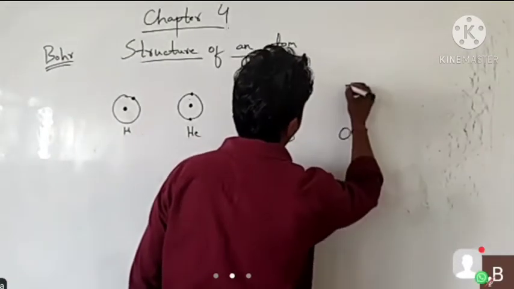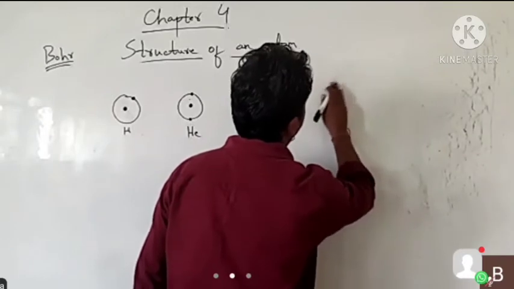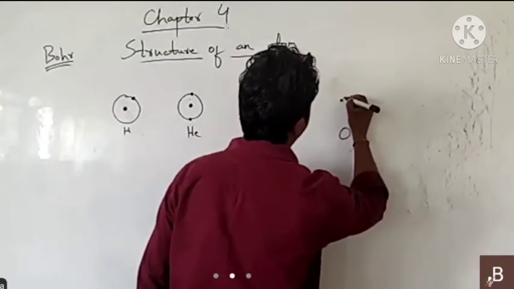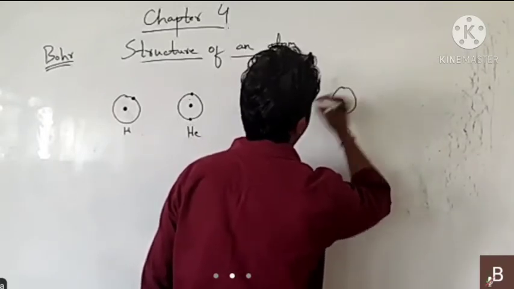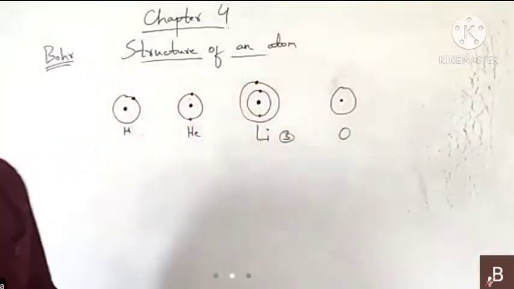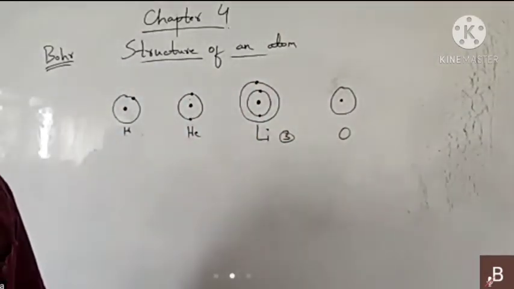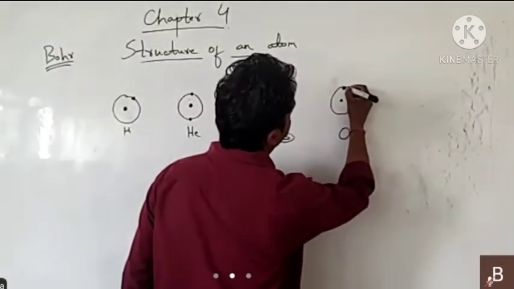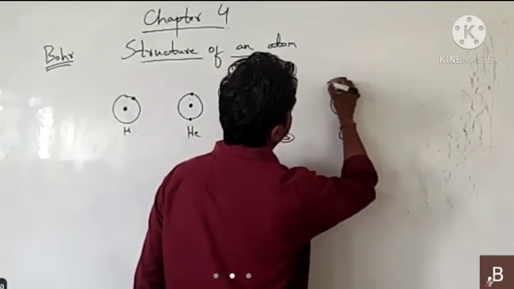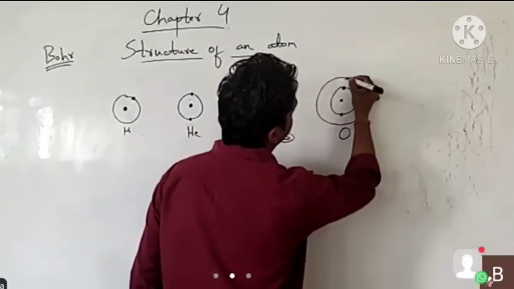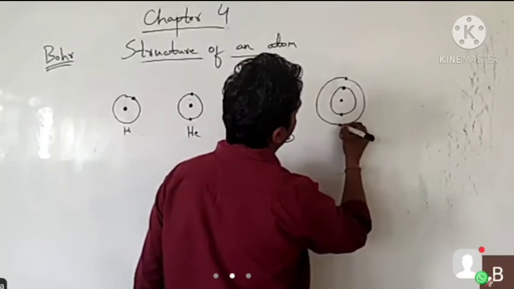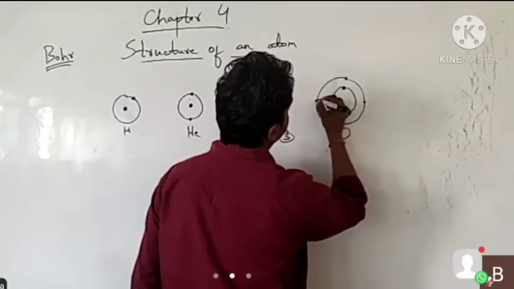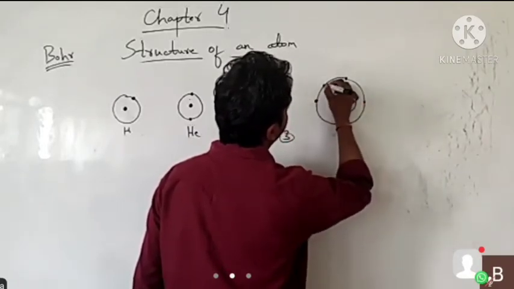Then let's take an example of oxygen. The atomic number of oxygen is, I think, 8. In the K shell we have to put 2, then here 2, 3, 4, 5, 6, 7 and 8.